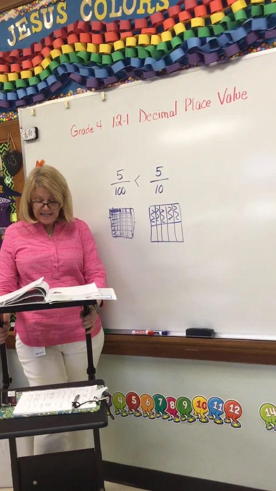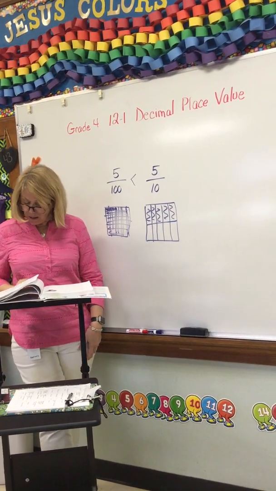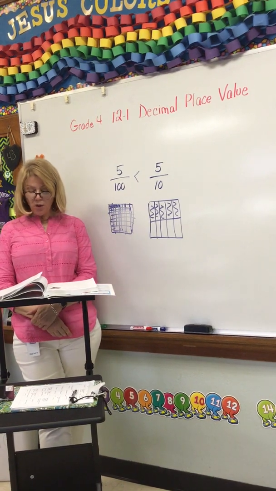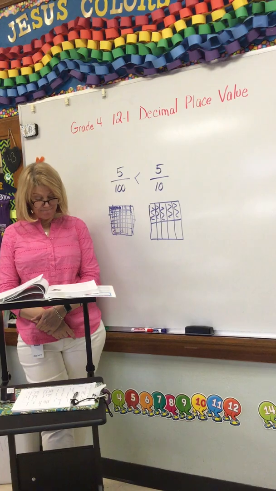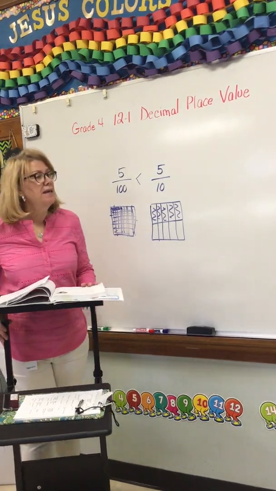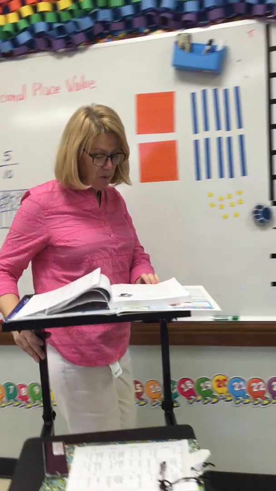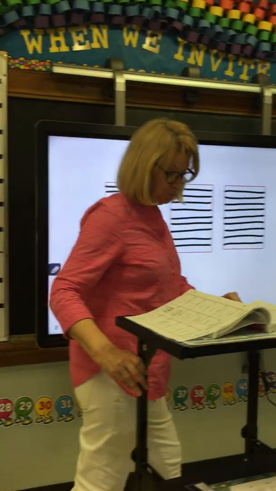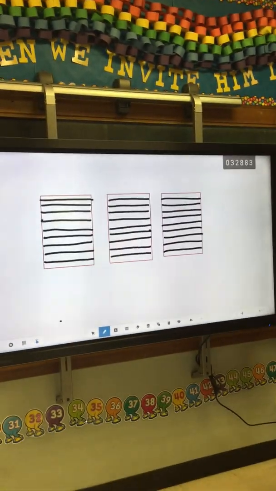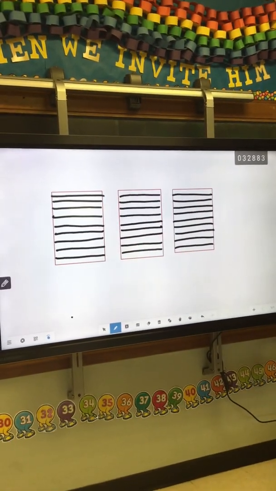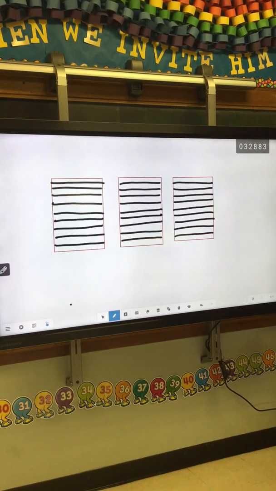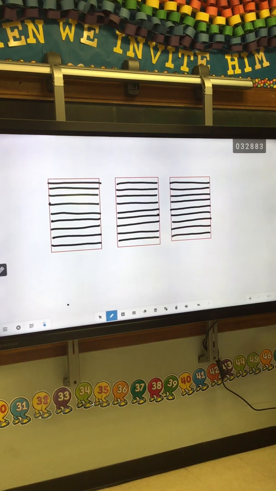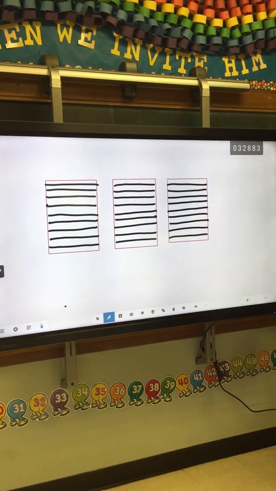Number 13 is 1,141,149. Now, number 14, we're going to come over here. It says that Coco is throwing a soup social.